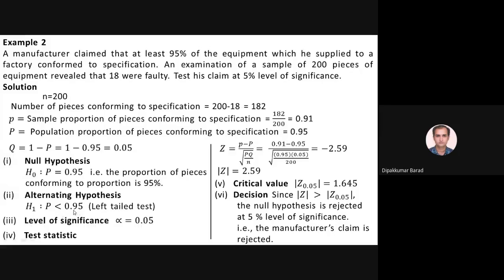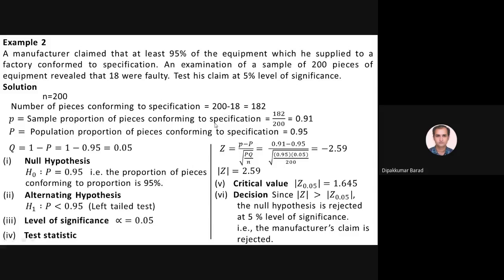Now the level of significance, which is given in the example, is 5%. So here alpha is equal to 0.05, and now we have to calculate the test statistic. For that we have the formula Z equal to small p minus capital P upon the square root of capital PQ by N, and we put in all these values which we have calculated.